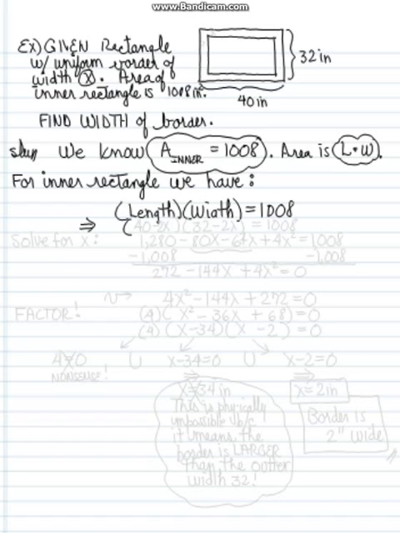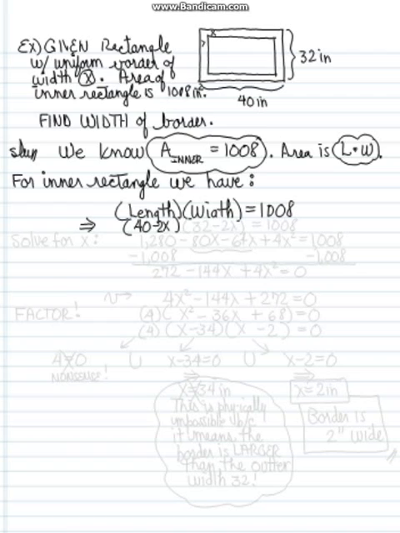So what is the length of the inner rectangle? Well, you got to consider that that border is thickness x. So if it's thickness x, the length of the inner rectangle is that entire 40 minus x on the left and minus x on the right. So it's 40 minus 2 times x.